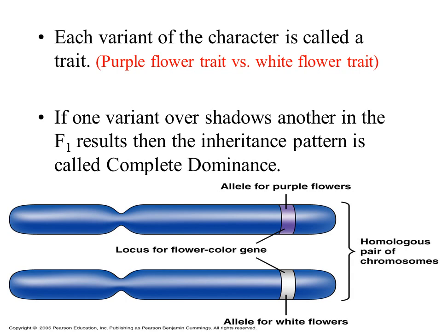So if one variation overshadows another in the F1 results, then the inheritance pattern is called complete dominance.